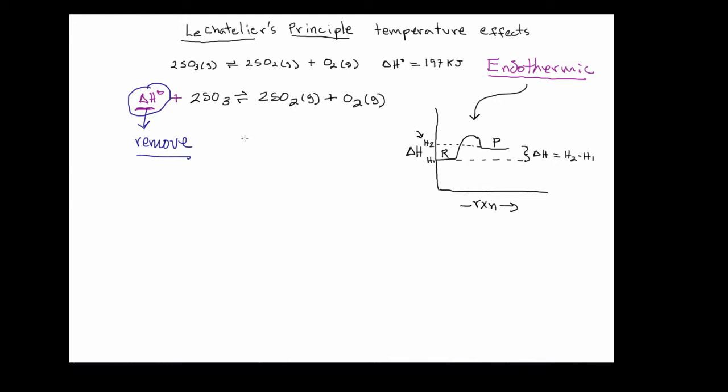So remember, if the K constant represents the ratio of essentially products to reactants, and if we remove the energy here, which causes a shift of this reaction to the left, that in essence, because equilibrium constants are dependent on temperature, essentially what we're doing when we remove energy from this reaction is we're making the equilibrium constant smaller.